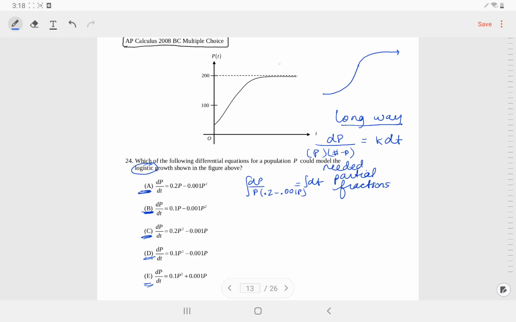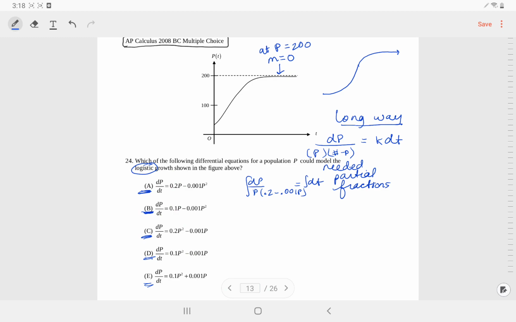Well, what is the slope here at 200? To me, that looks like P is 200 there. So the slope is 0 if you actually got to 200.